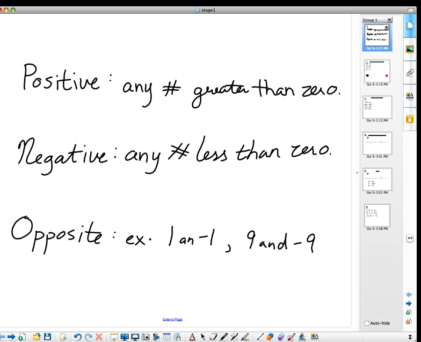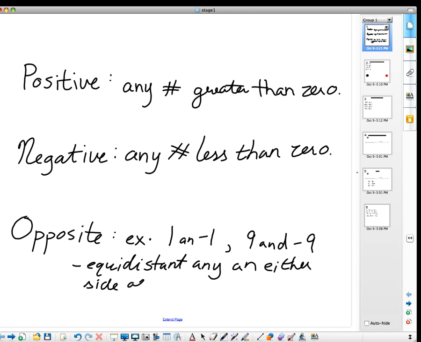These are opposite numbers. So opposite numbers are equidistant and on either side of and from 0.